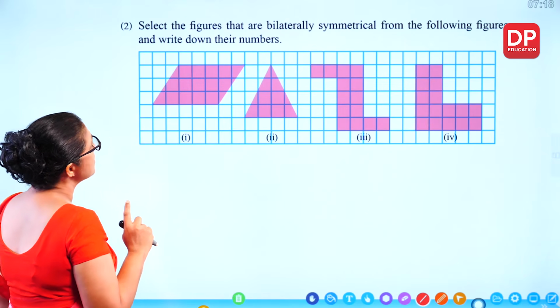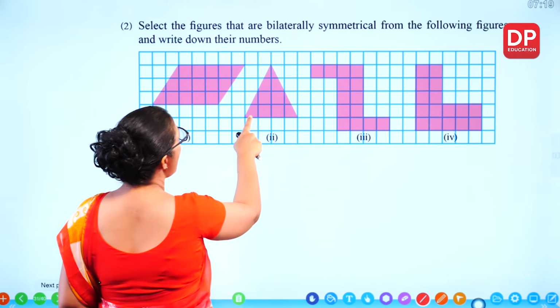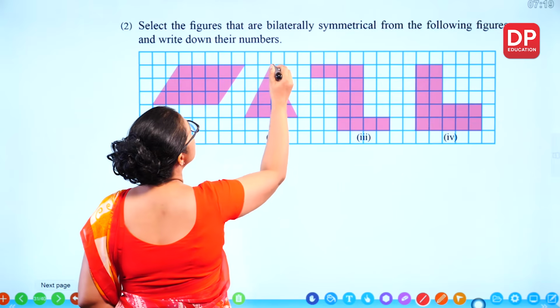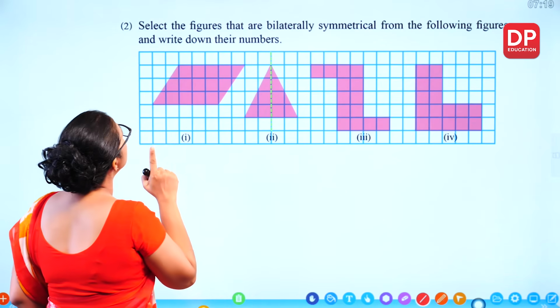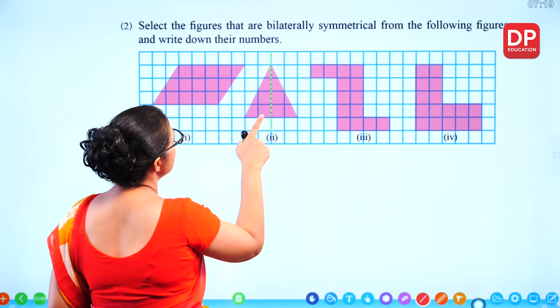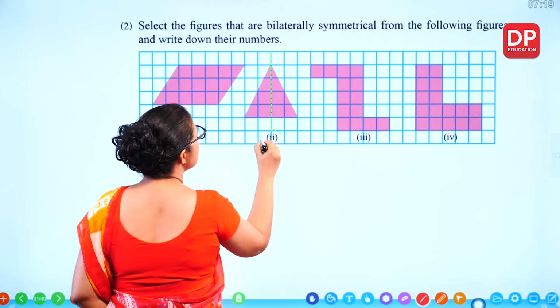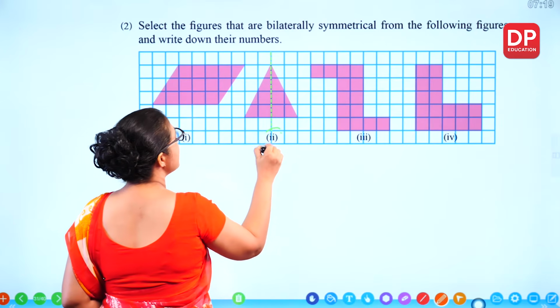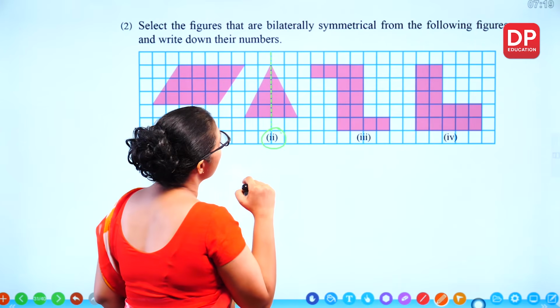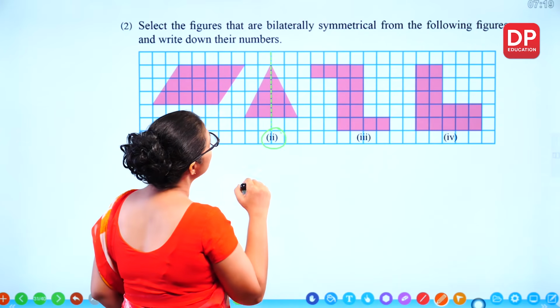We don't have an axis of symmetry. This is an isosceles triangle. So we can draw a line here. So select the figure that is bilateral symmetry, means we can select this figure.